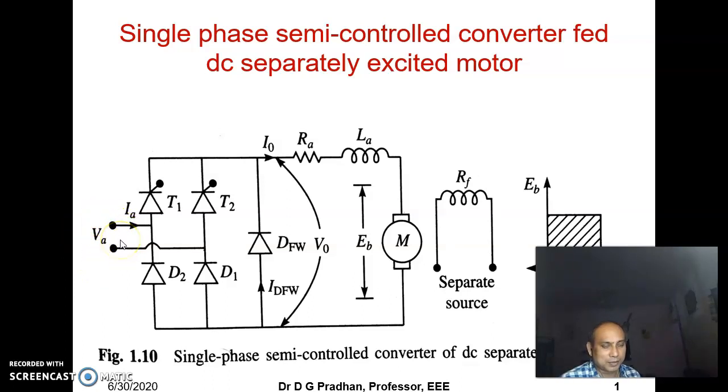As we have already studied in power electronics, the average value of the output voltage V0 equals Vm by pi times 1 plus cos alpha.